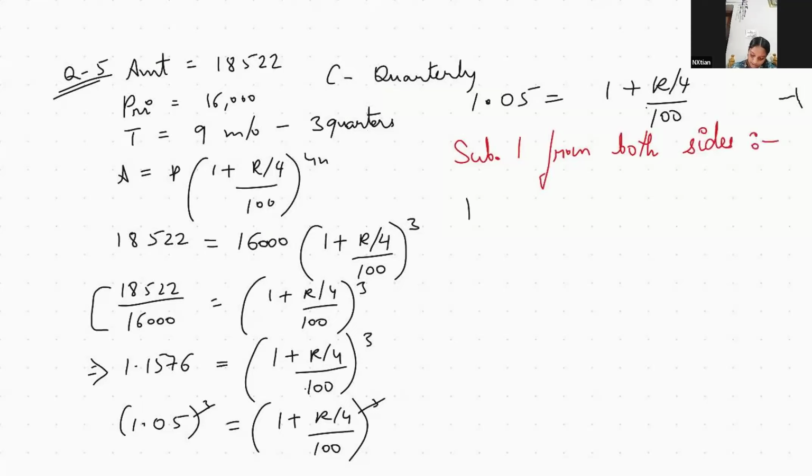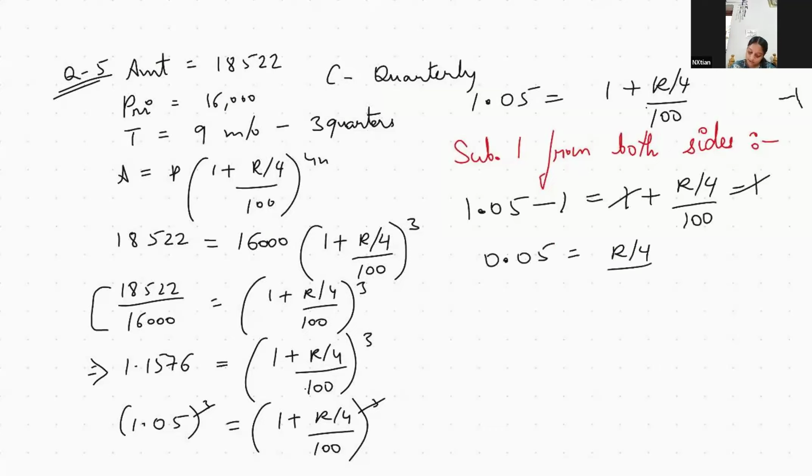So 1.05 minus 1 equals 0.05. Yes, very good. 1 and 1 cancel, and 1.05 minus 1 is 0.05 equals r by 4 by 100.